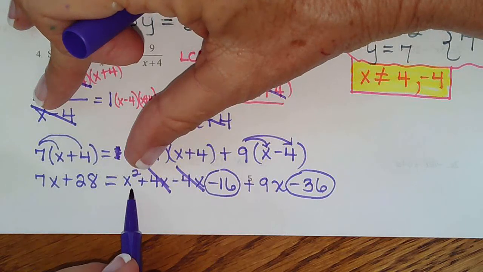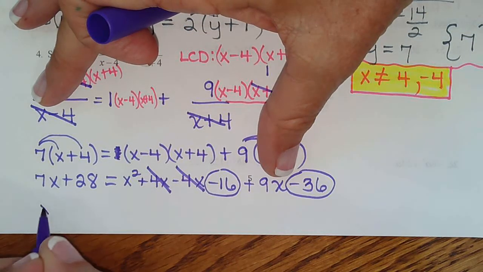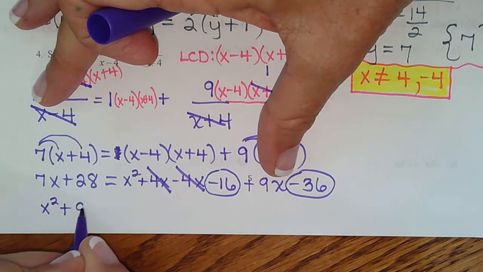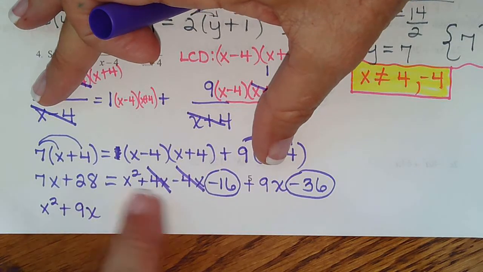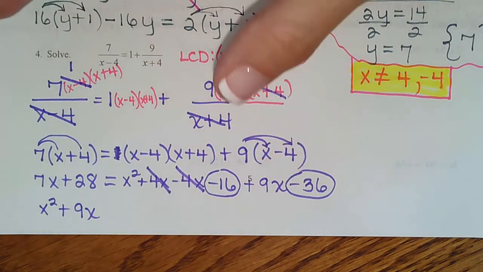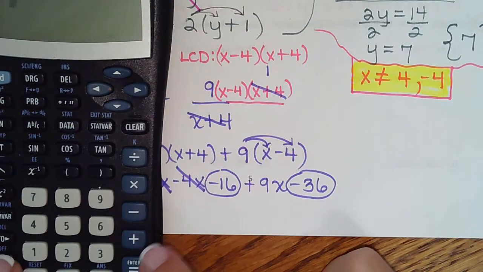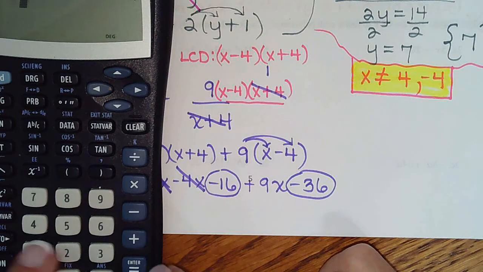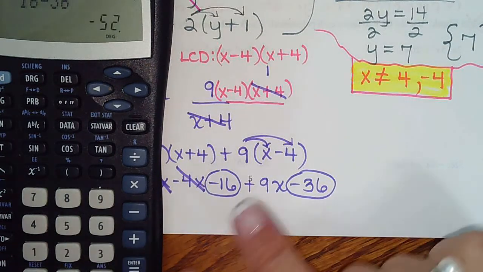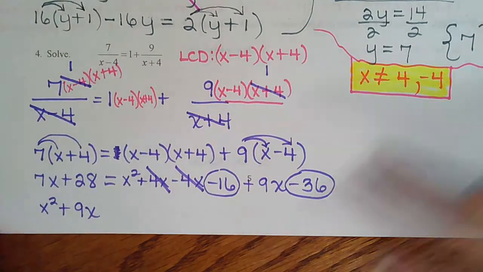So this is going to be x squared plus 9x. Minus 52, I think. Negative 16 minus 36 is negative 52.